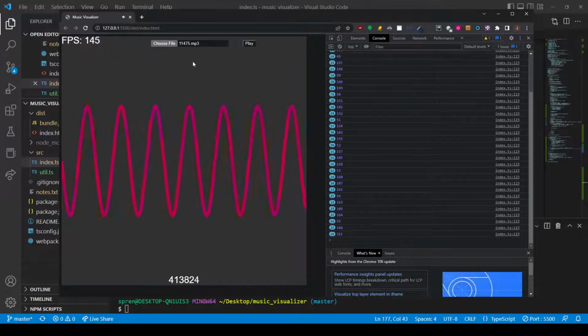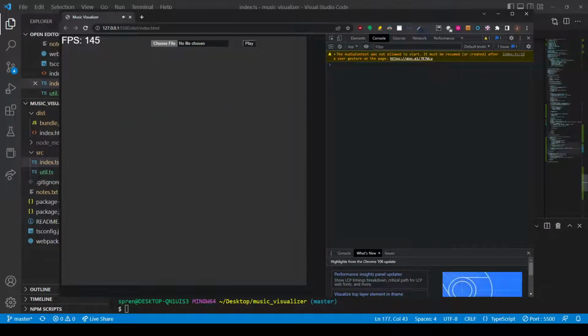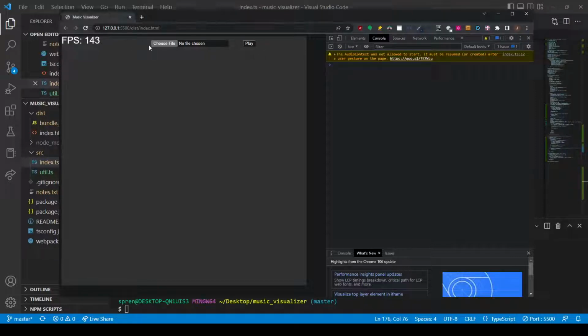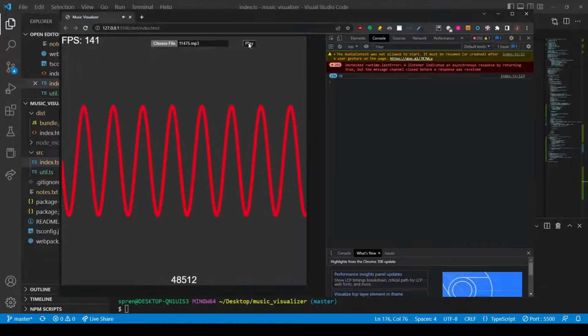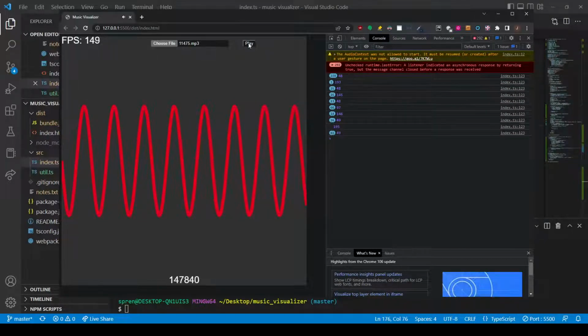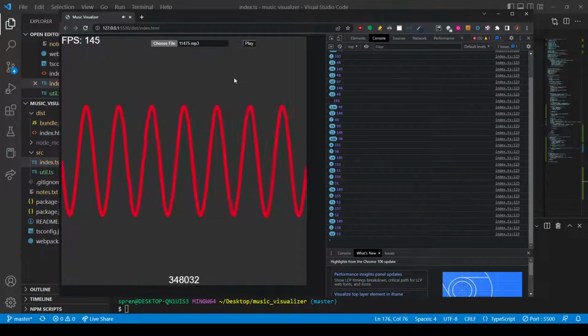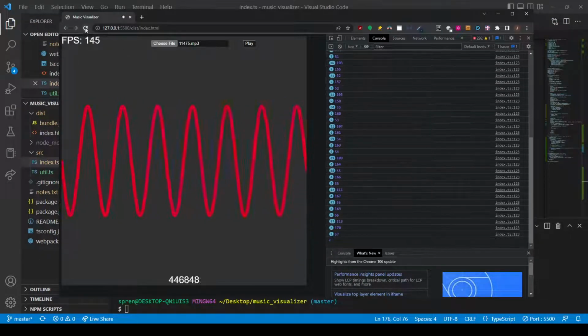That seems like it's not helping. Oh no, that might kind of be working.